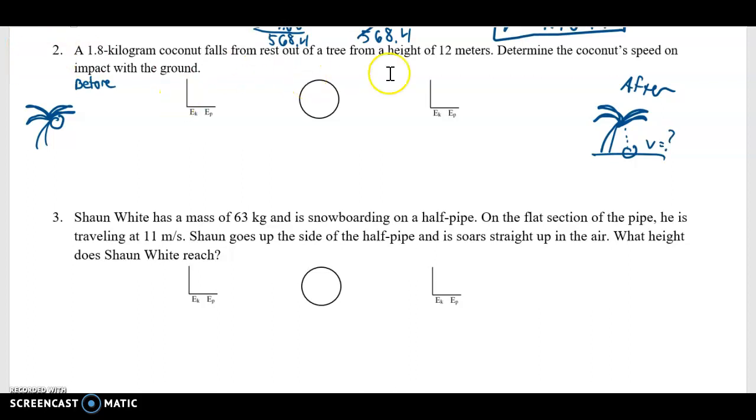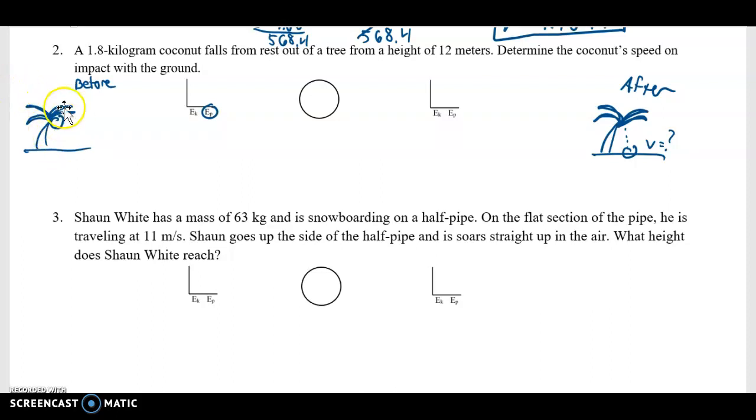But we can draw these LOL diagrams. And so I want you to copy down the LOL diagrams for these and then the work down below too. And so when we do this LOL diagram, we start with this coconut and it's up above the ground, so we know that it has potential energy.